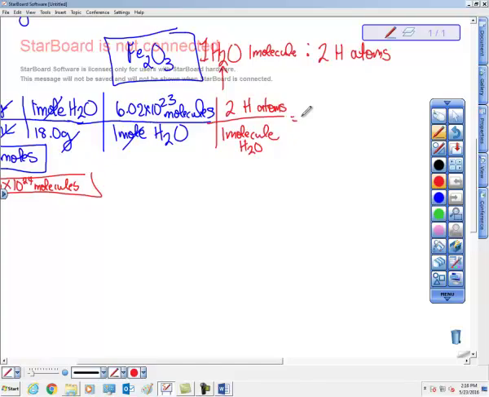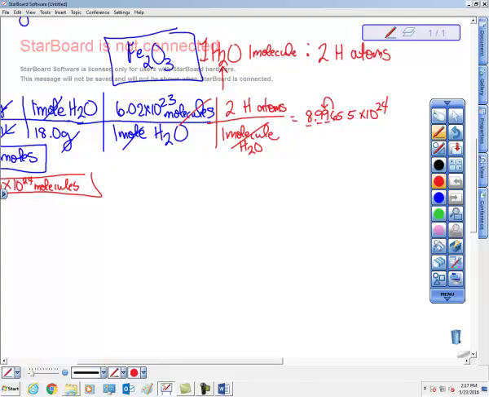Alright, so if you kept that answer stored on your calculator from the previous set, all you have to do is just go times 2. And on my calculator, this gives me 8.99655, etc., times 10 to the 24th. We still only want 3 sig figs. This ratio right here is a perfect ratio, so we're not going to count it for sig figs, okay? 1, 2, 3.